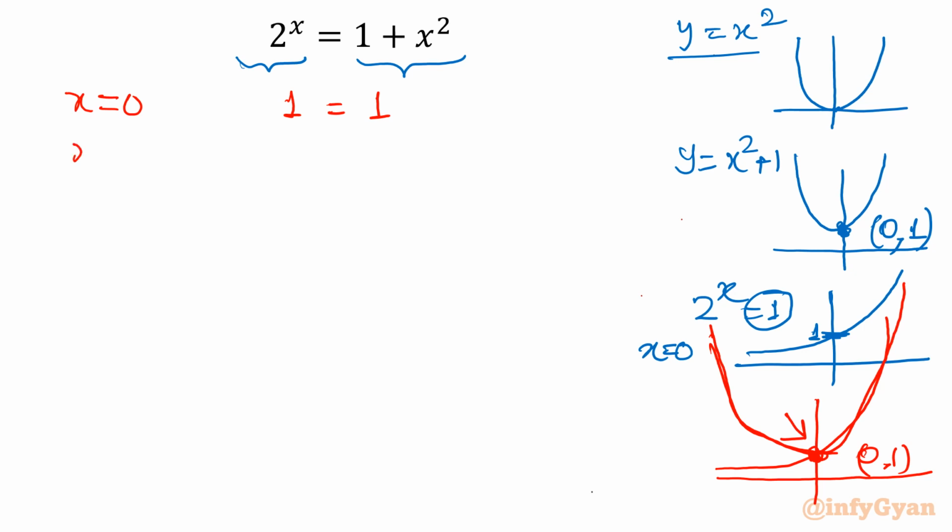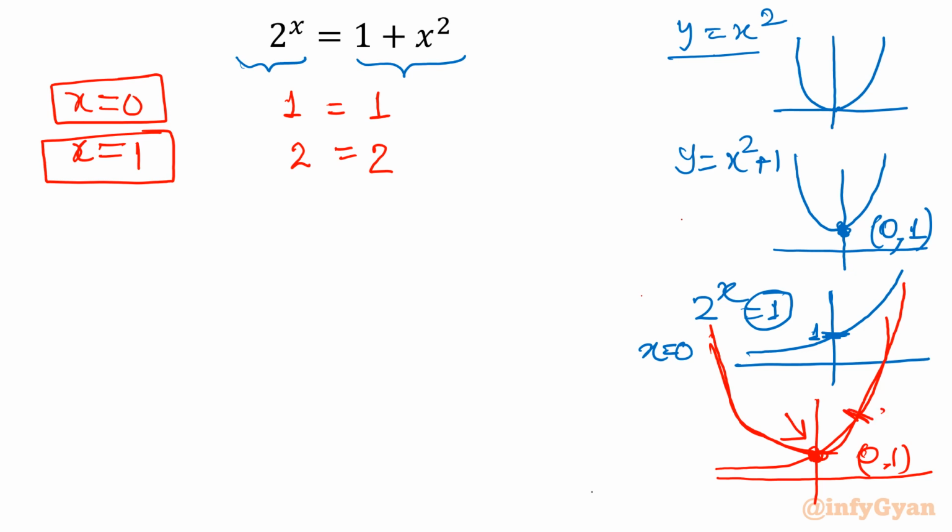Now, by the hit and trial method or inspection method, if I put x equal to 1, the left hand side would be 2 and the right hand side would be 2. That means x equal to 0 is one solution and x equal to 1 is another solution. You can verify this using the intermediate value theorem also. So this is our second point, x equal to 1.